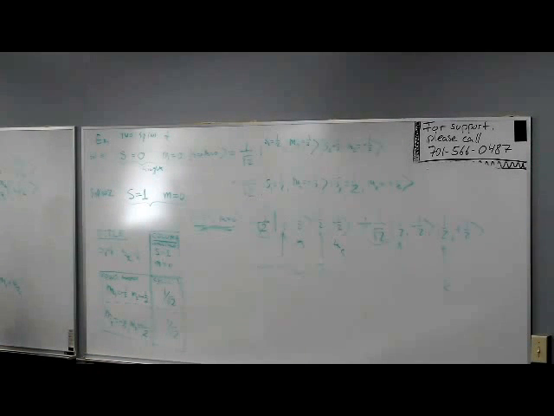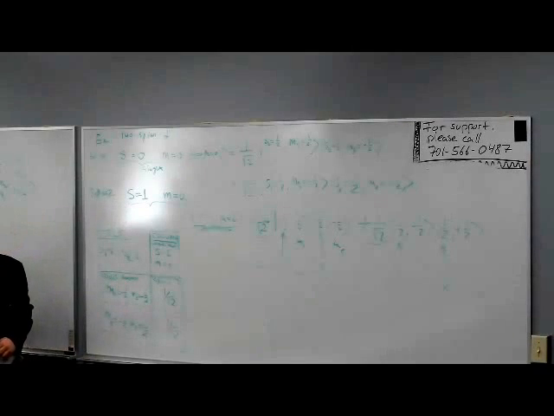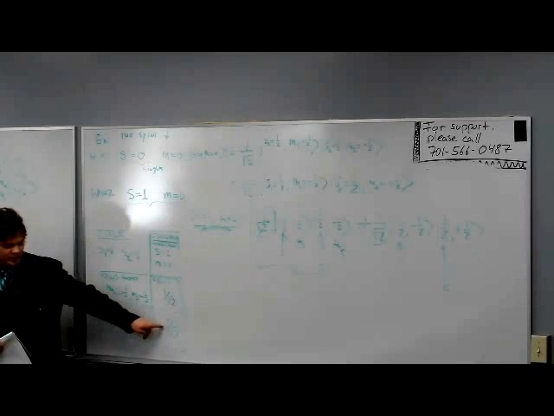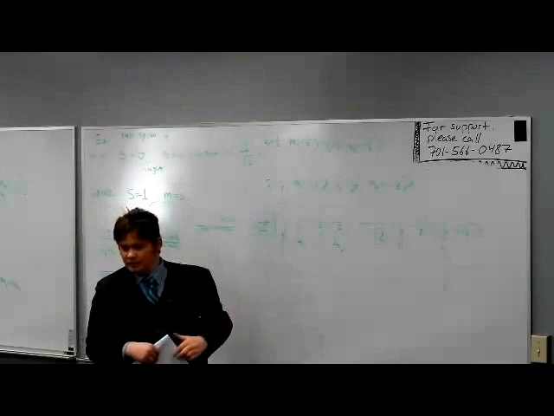Now, if we do want to build the same table for singlet, we will just copy paste what we have here and plug in 1 minus, right? By analogy with this recording.